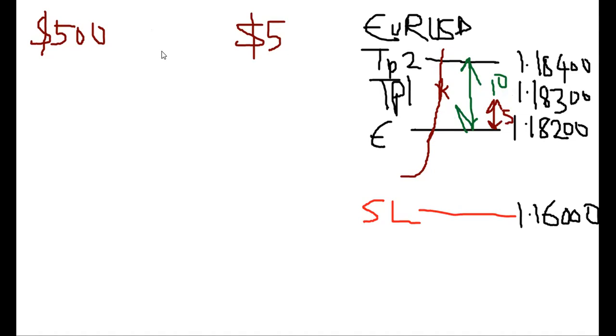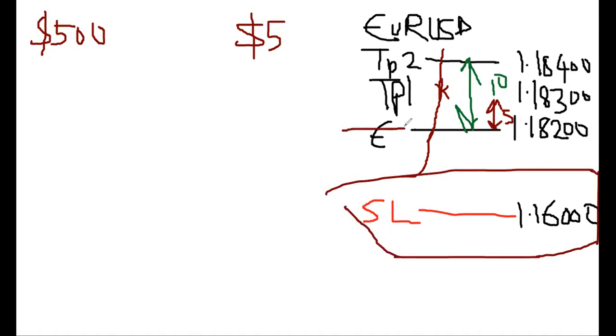What you now do, you come here and move your stop loss and put it on your entry point. It means that you go to MetaTrader 4, where you have the stop loss at 1.16000, and you modify it.